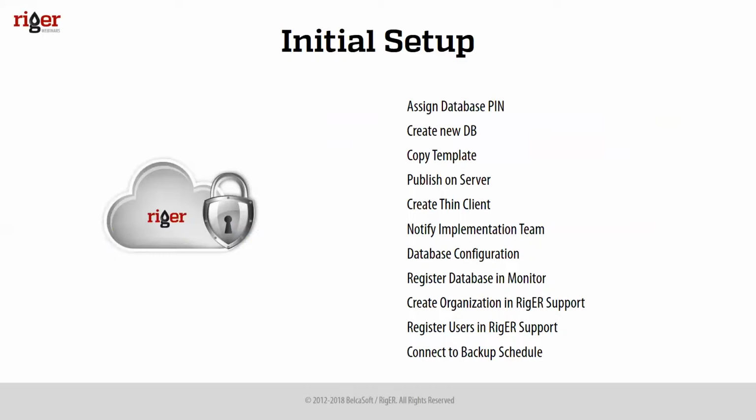We assign a database PIN number, create a new database, copy templates, publish on a server, create a thin client for use on Windows and Mac devices, create emails and notify the implementation team about the new database and send all the links to users, build the database configuration, register the database in the monitor and backup, create an organization in RigER support and add users in the RigER support server, and connect to the backup schedule.